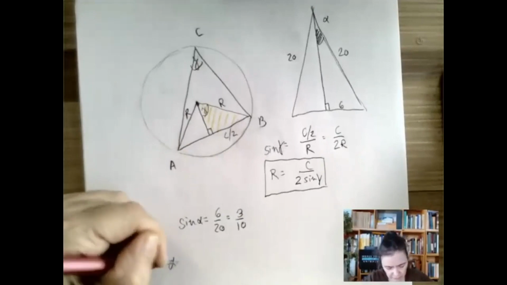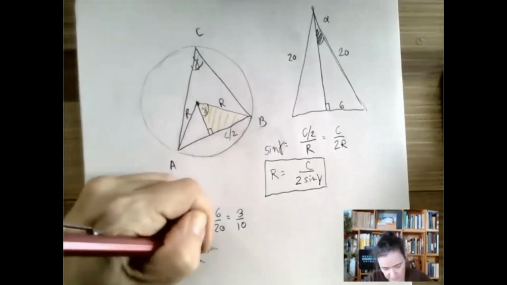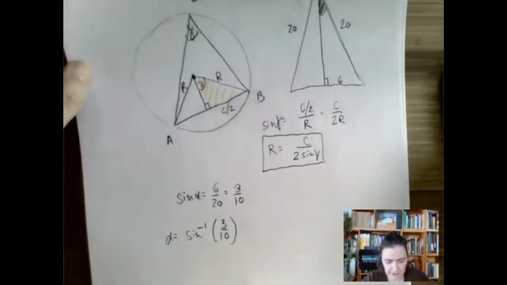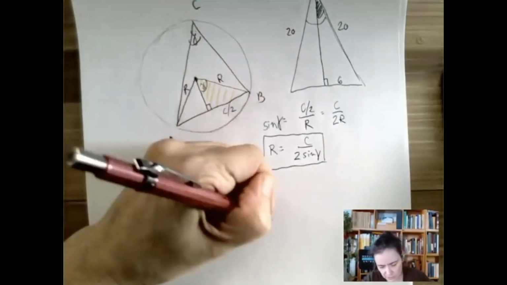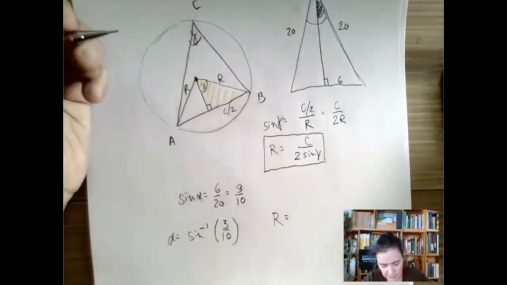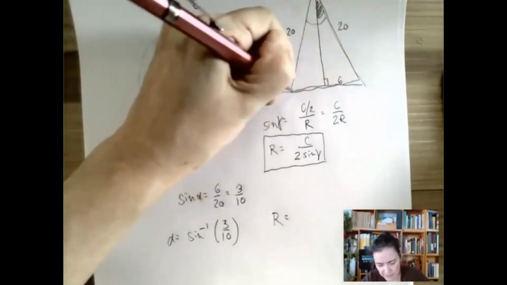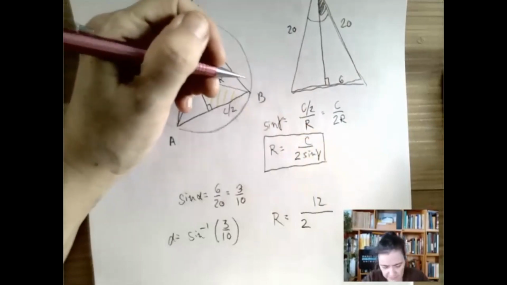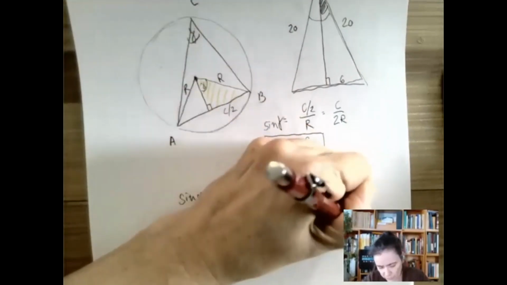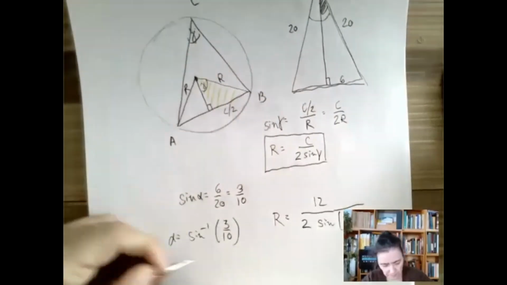And so alpha is the inverse sine of 3/10. Now what we need, this angle, is twice that. So our radius is going to be, the side opposite the angle is 12 divided by 2 divided by sine of 2 alpha, where alpha is this.